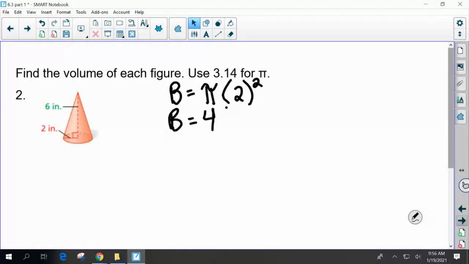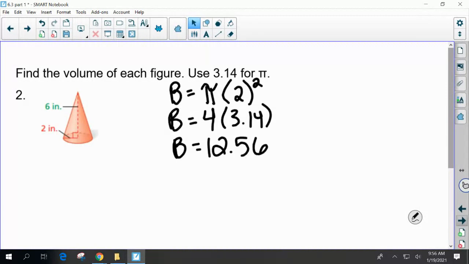So that would be 4 times 3.14. Okay. 4 times 3.14 is 12.56.